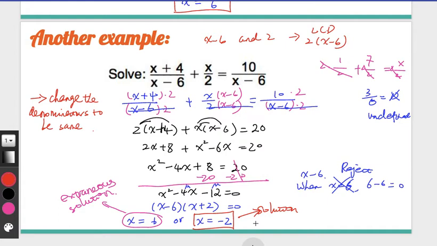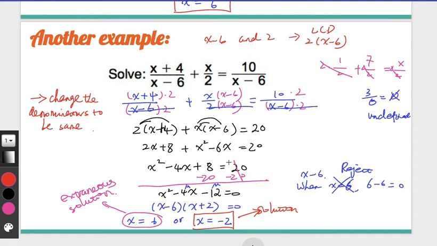If you really want to make sure, you can always put this number into all the terms here. I know sometimes it's annoying to deal with fractions, but that will guarantee that it is your solution. But I will remind you again, if you see a number that makes your denominator 0, you don't need to check anything else because it's going to be undefined. That's why we have to reject it.